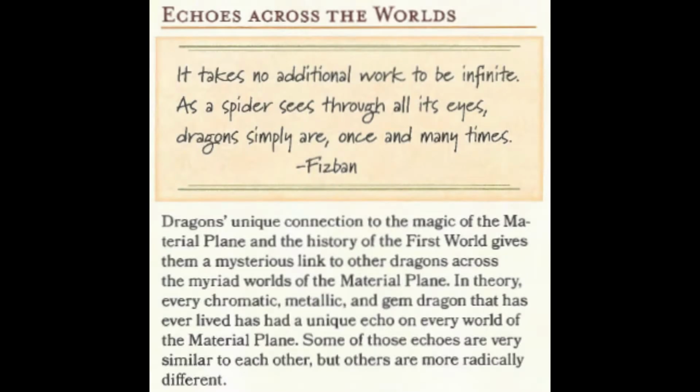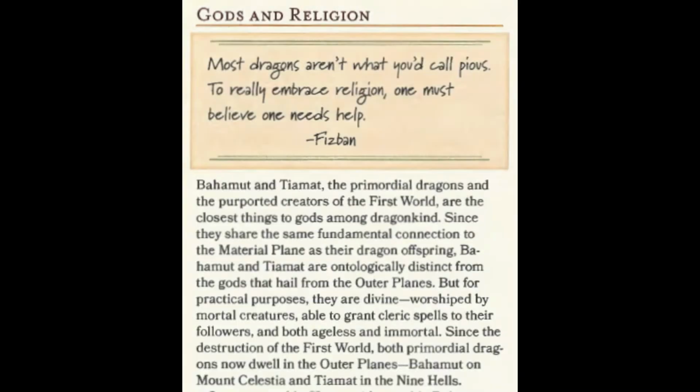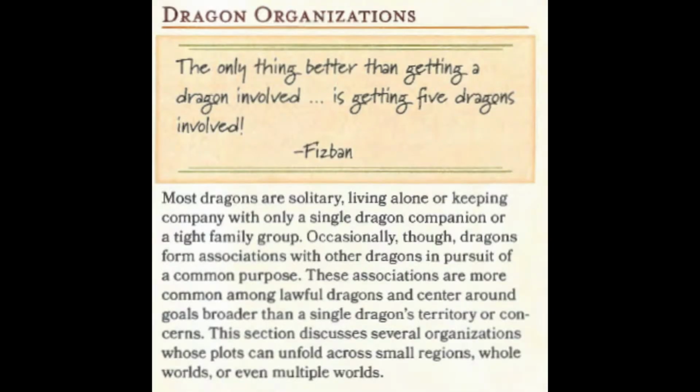And for these next parts, be it Undeath or Echoes Across the Worlds, Gods and Religion, Dragon Organizations, all that jazz, I feel like that should be up to the DM. I don't want to dictate a specific organization tied to this dragon, but then again, that wouldn't even necessarily make sense for him.